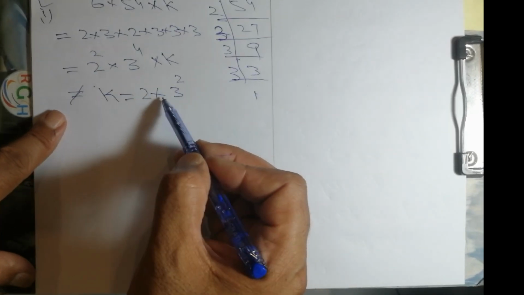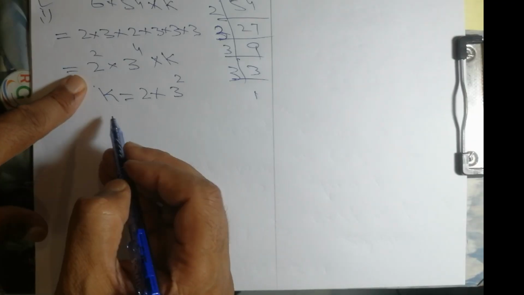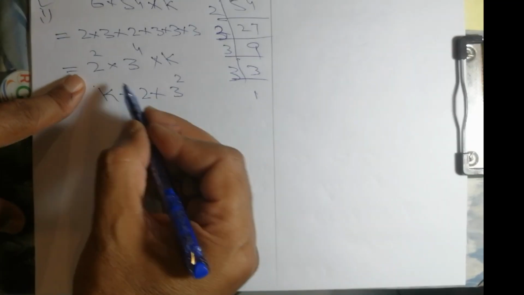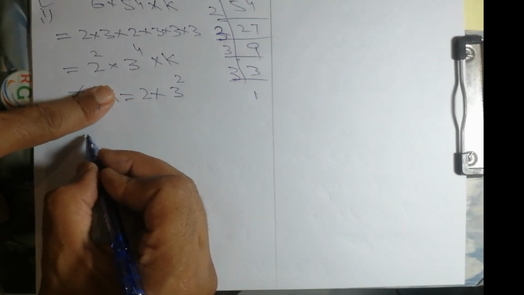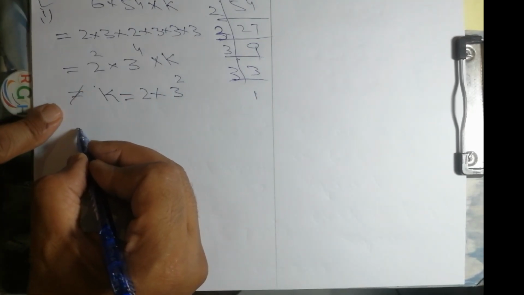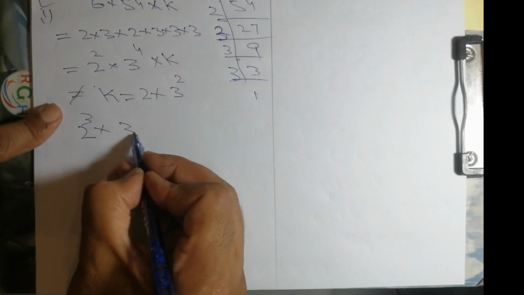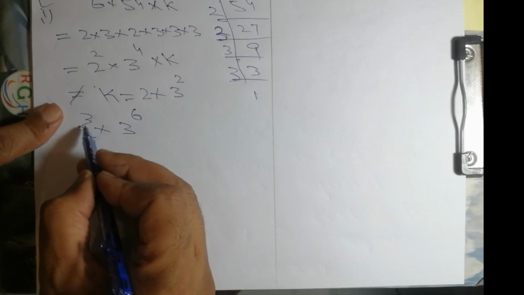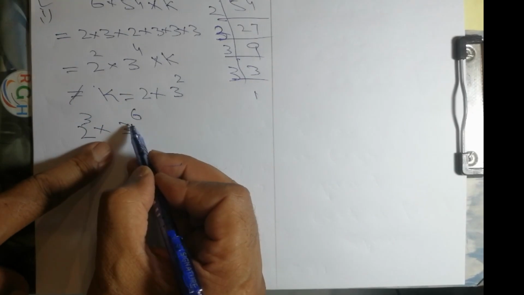If we combine this number with K, then the product will be equal to 2 cubed into 3 raised to power 6. So this is already a cube, and this is also a cube. Why?